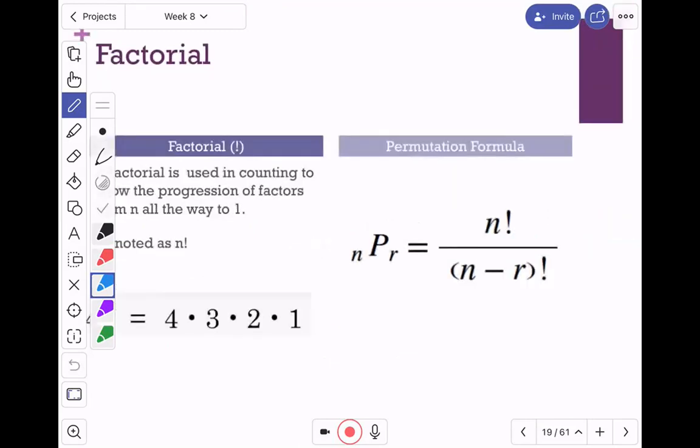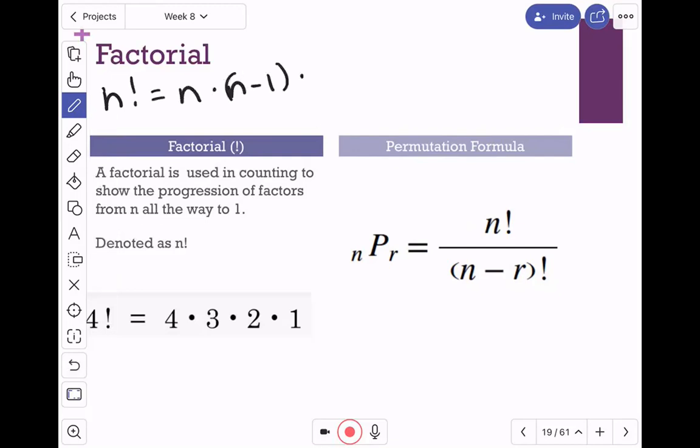Now, this formula is going to be introduced through what we call a factorial. You may have seen it, you may probably have not. A factorial is the exclamation point in math, and we call it n factorial. n factorial is equal to n times n minus 1 times n minus 2 all the way down to 2 times 1.